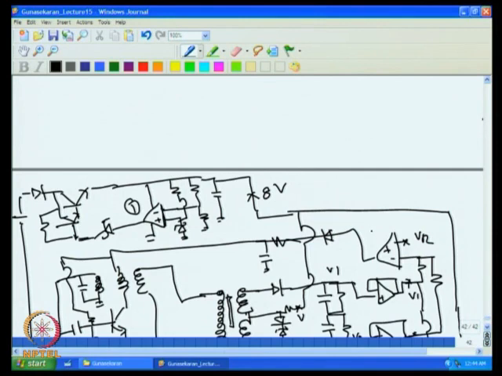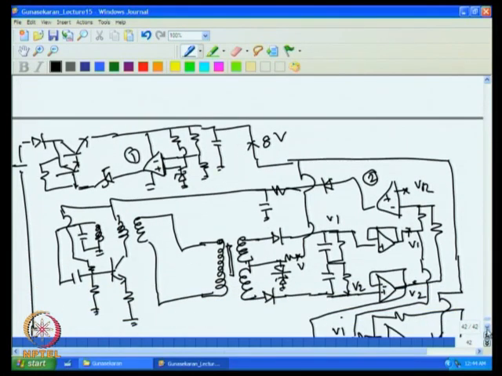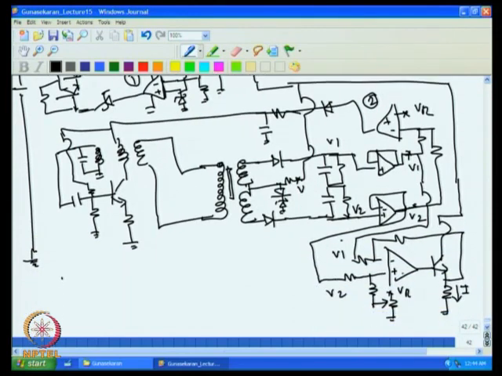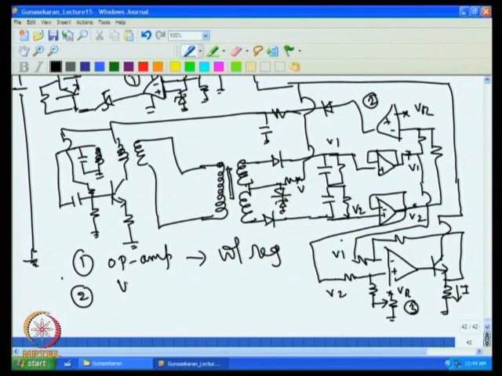Op amp 2 makes V1 plus V2 constant, and then this operational amplifier 3 converts the V1 minus V2 difference into current. So op amp 1 is a voltage regulator, op amp 2 makes V1 plus V2 constant.